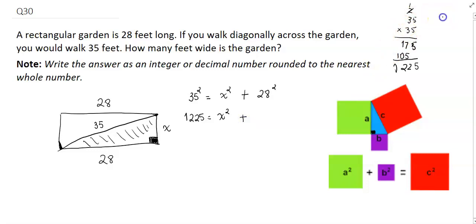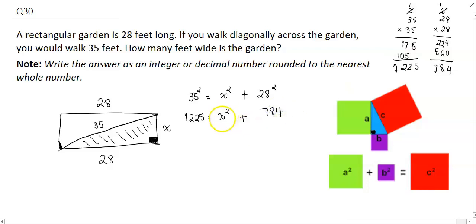Now I'm going to do 28 times 28. 8 times 8, 64, goes 6, 16 plus 6, 22, here goes a 0, 16 goes 1, and here 5. When I add, I have 4, 8, 7. 784. And I want to find the x.